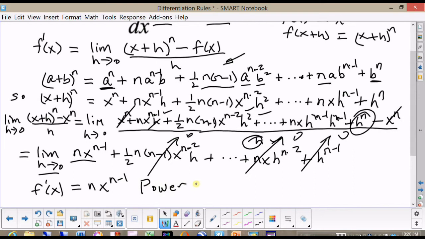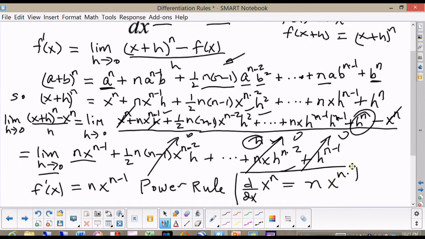You'll be using this a lot. So d dx of x to the n is simply whatever the power is, n, times x to the power minus 1. And I am sure everyone here will know this and use this very well. This is probably one of the most important differentiation rules that we'll be talking about.